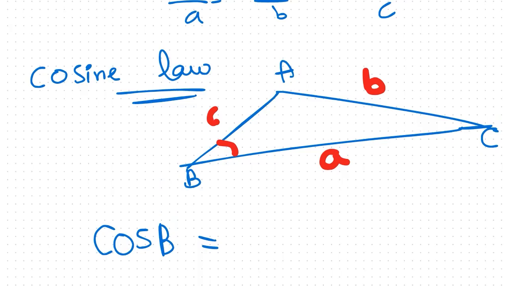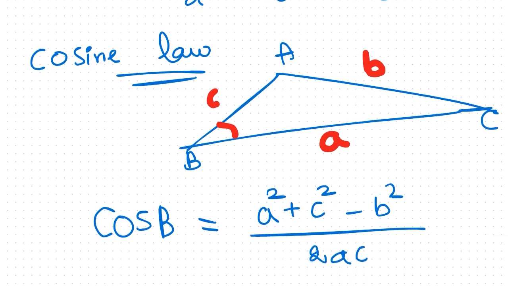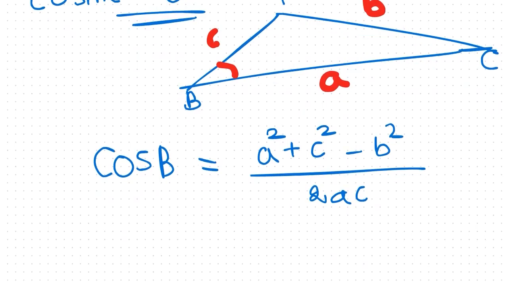So the formula will be a square plus c square minus the main angle's opposite side b square, upon 2ac, the product. It always depends on which angle you pick. If it is B, the product will be ac. If it is C, it'll be ab, and if it's A, it'll be bc.